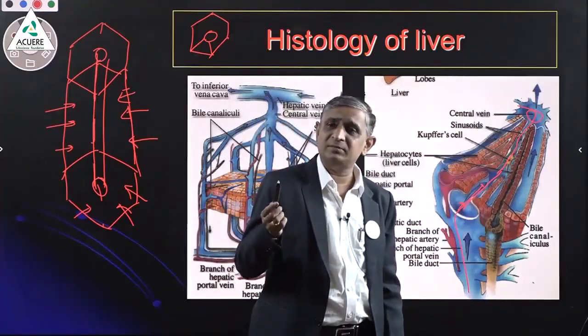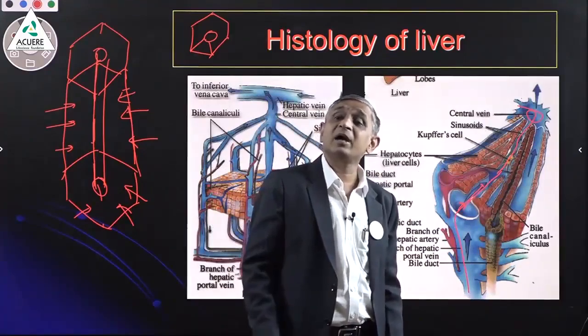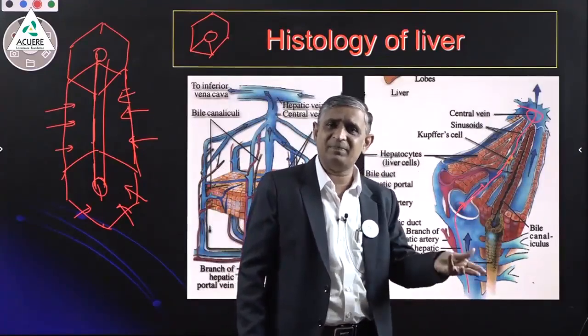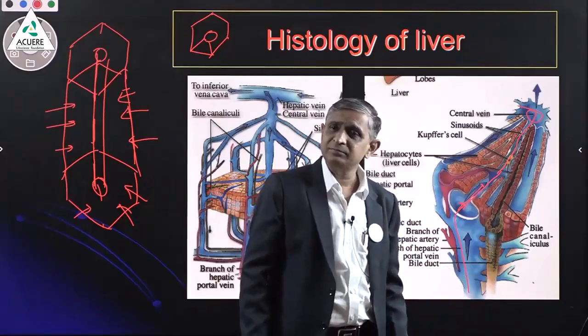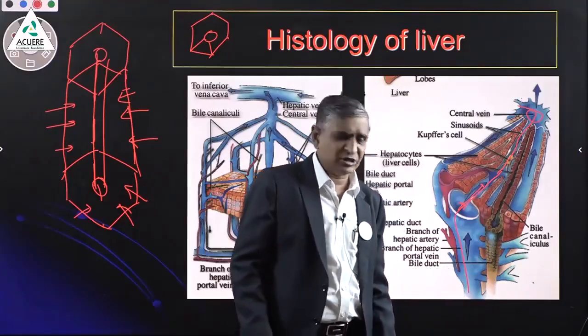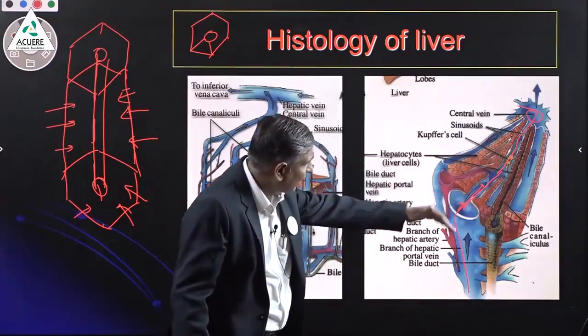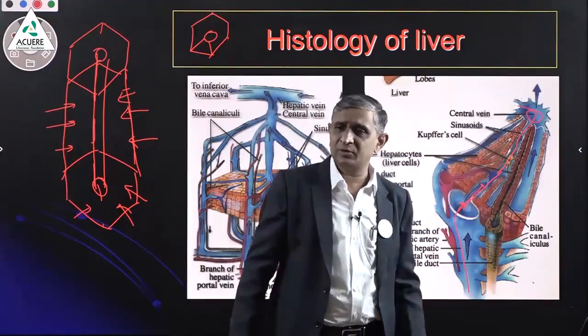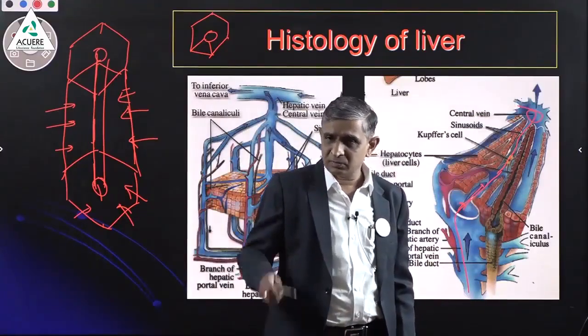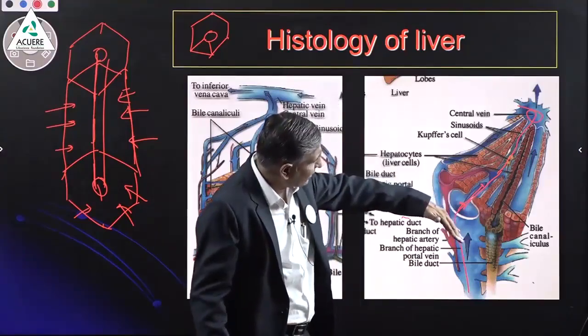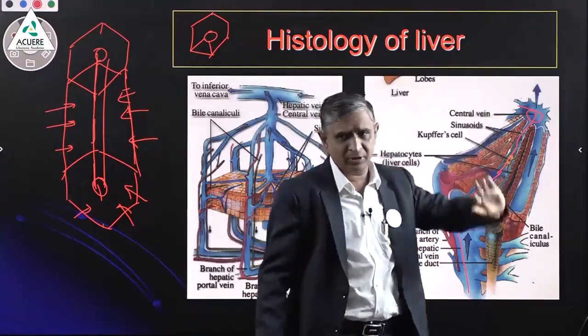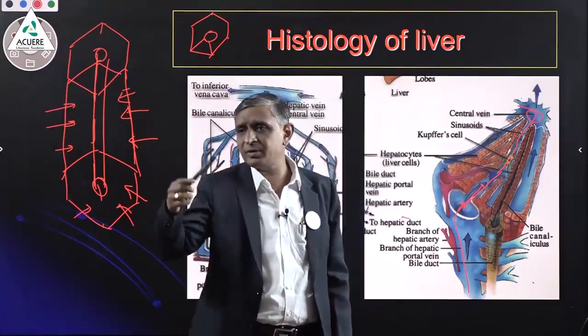The central vein pours its blood into the hepatic vein, and the hepatic vein ultimately is a part of the inferior vena cava. This is how portal circulation converts to systemic circulation. Are you getting my point?